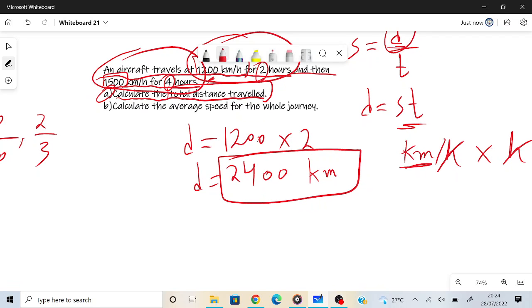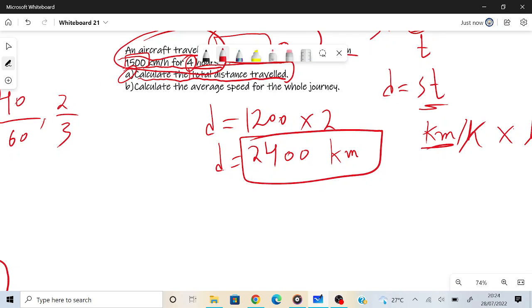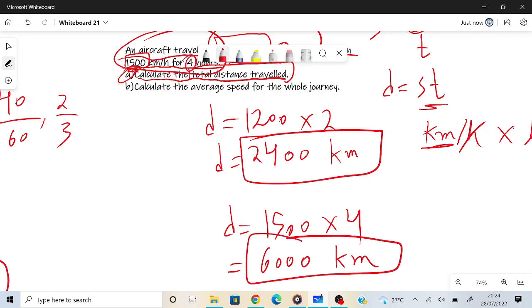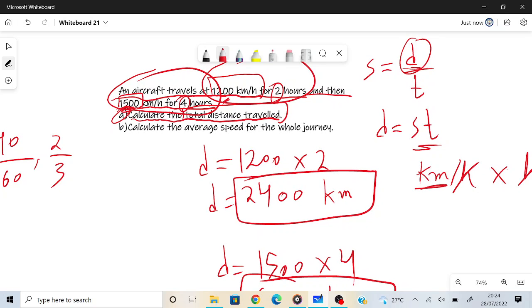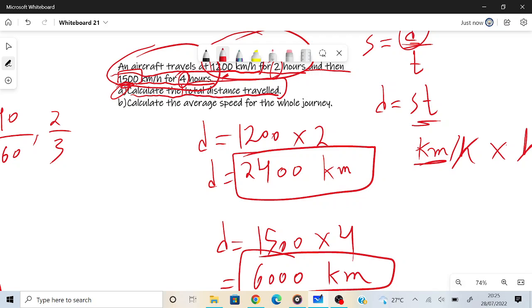Now for the second part, again we know d is equal to speed times time. Speed in this part is 1500 and time is 4 hours, and doing this should be 6000 kilometers in this part. So now that we have the two different distances covered for the different speeds and different times for that aircraft, all we have to do is add both distances together, because it said calculate the total distance traveled.